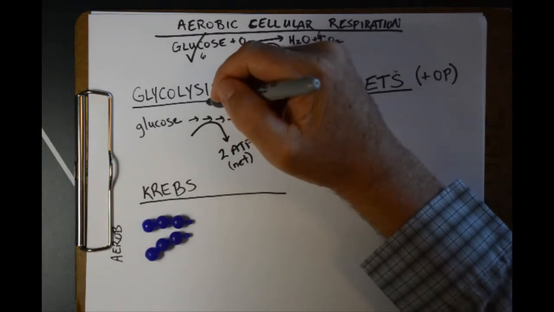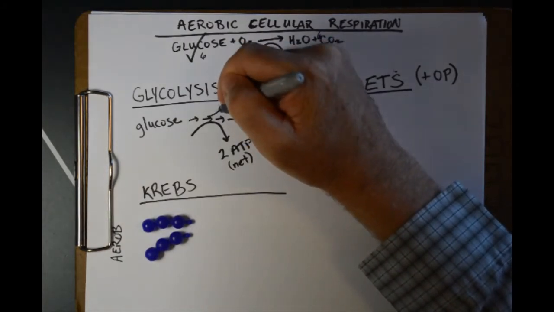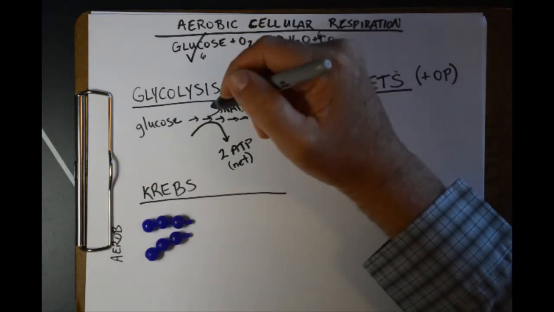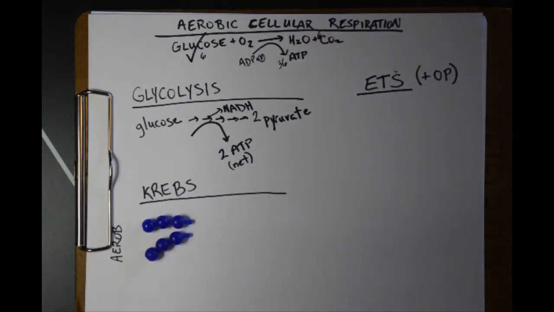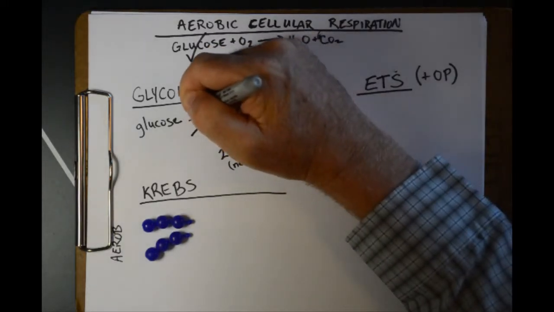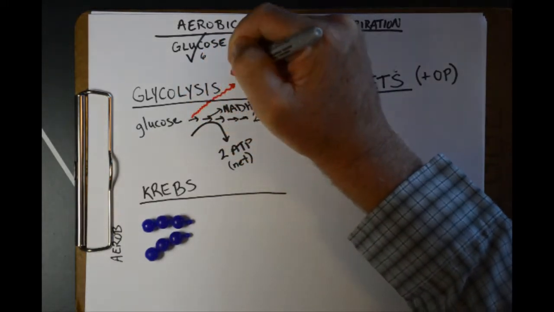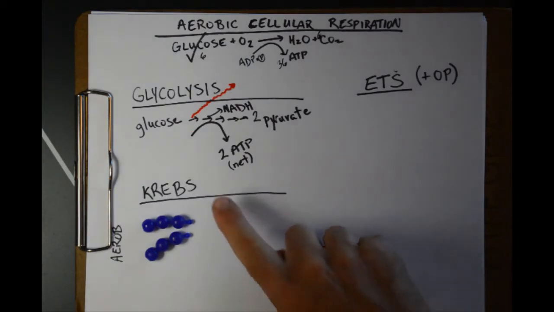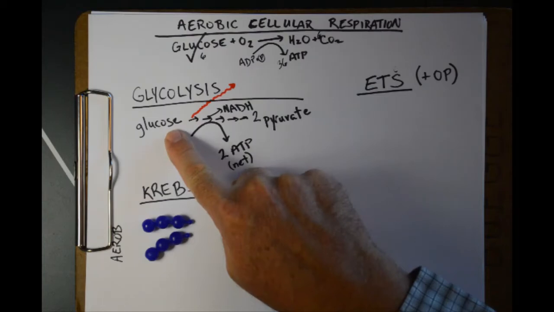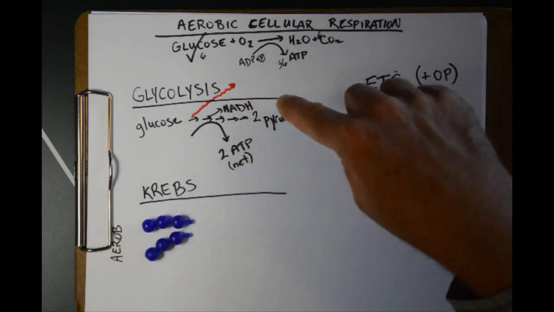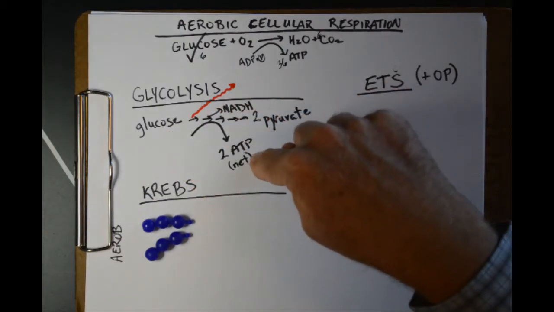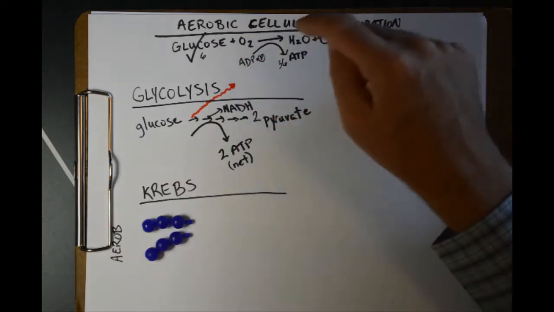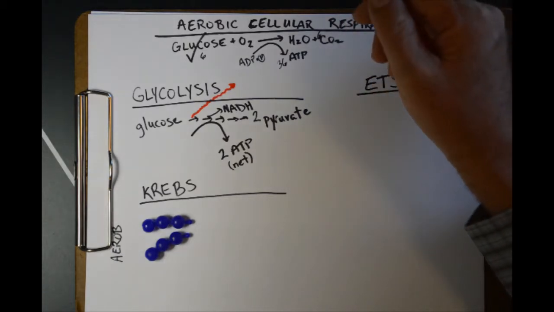I also get a little bit of NADH from this, and just to be complete, I know that I'm going to give off some heat energy according to the laws of thermodynamics, and so there was more energy in glucose than I got out of the pyruvate, ATP, and NADH. So some of it had to have left as heat, just to be technical there.